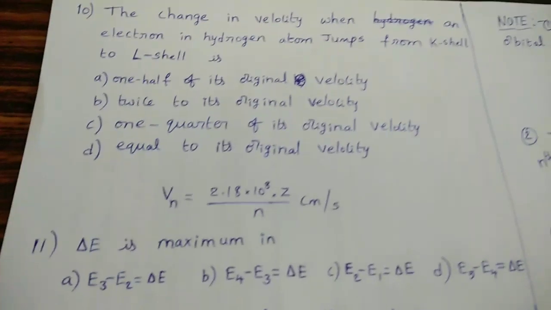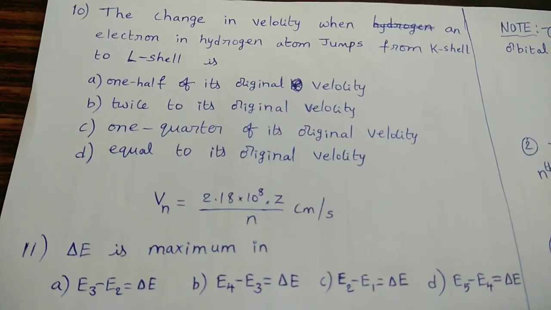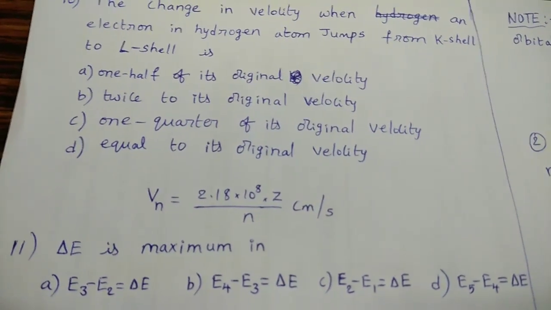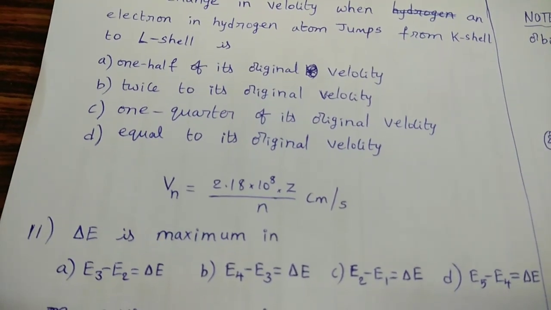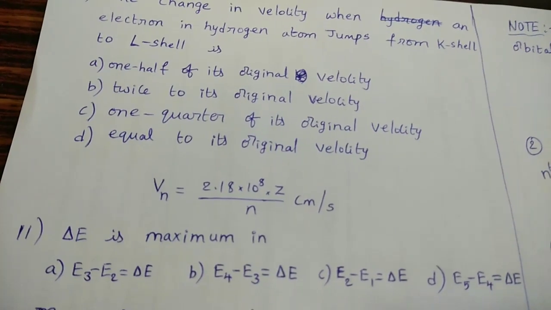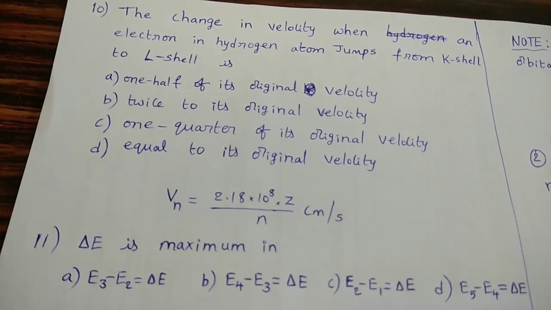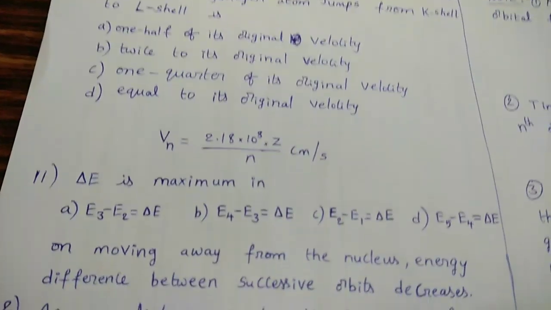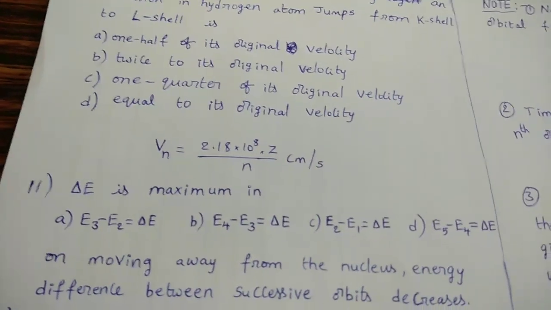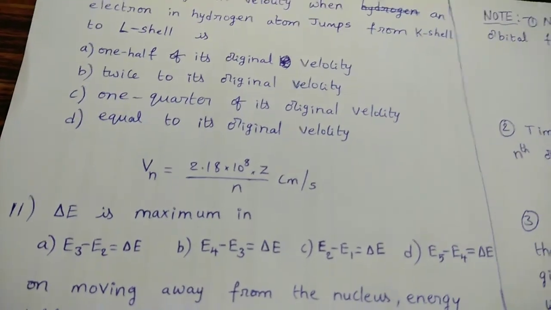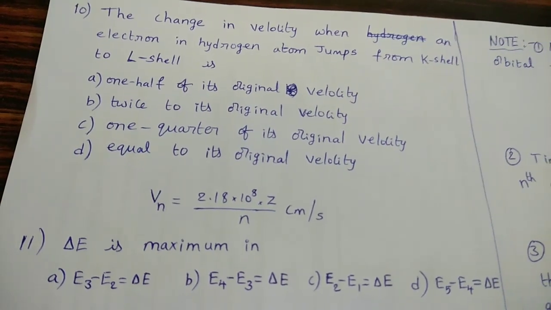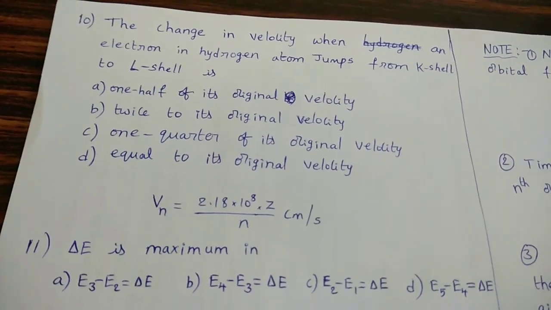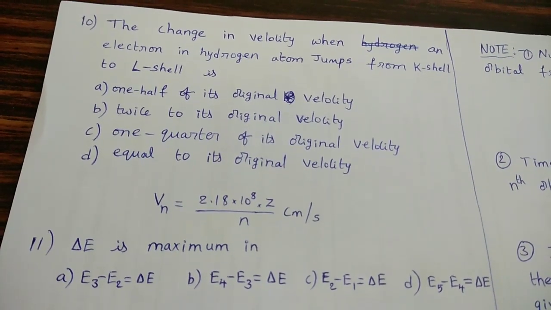Next, delta E is maximum in. 4 options are given, in which case change in energy is maximum. See this, as distance increases from the nucleus, the difference between successive orbits decreases. That means as we move away from the nucleus, the gap between the energy levels decreases.